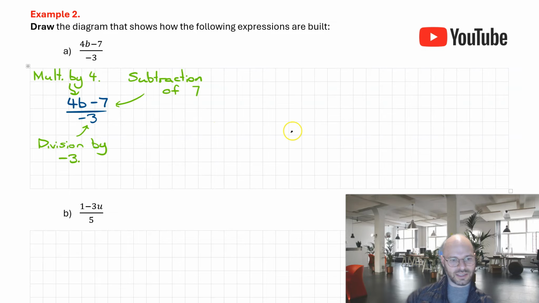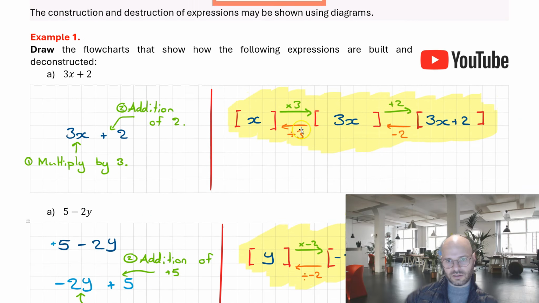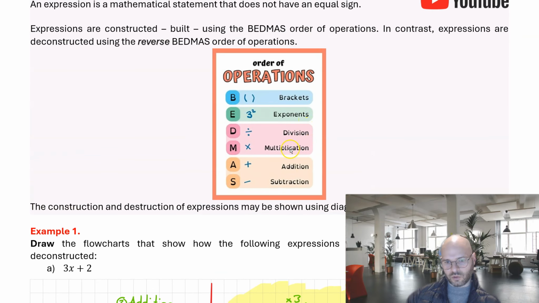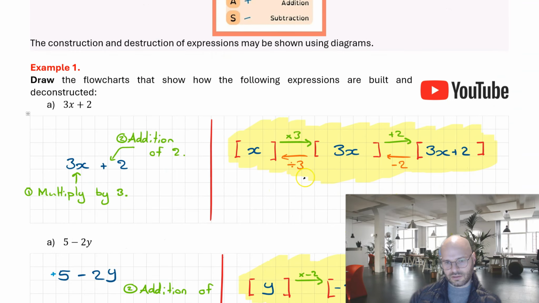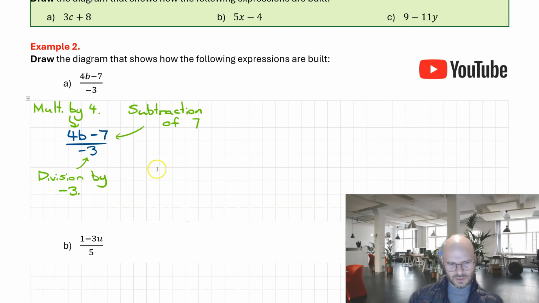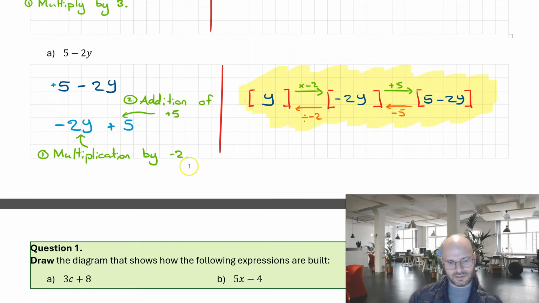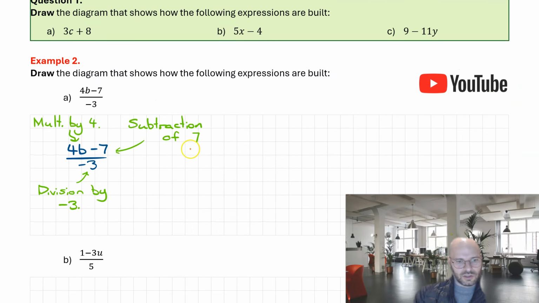Understanding the order of operations here. We have multiplication, we have division, and then we have subtraction. Now, because this is a fraction, we have to take into account that there's implied brackets here. The numerator of a fraction is always in brackets.